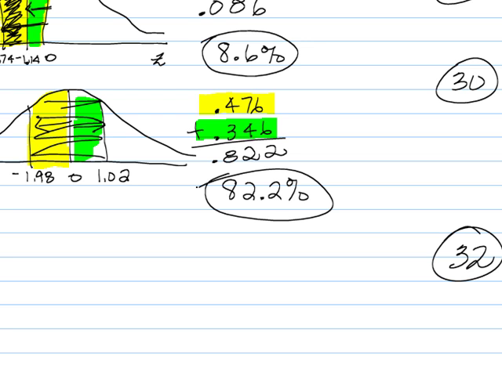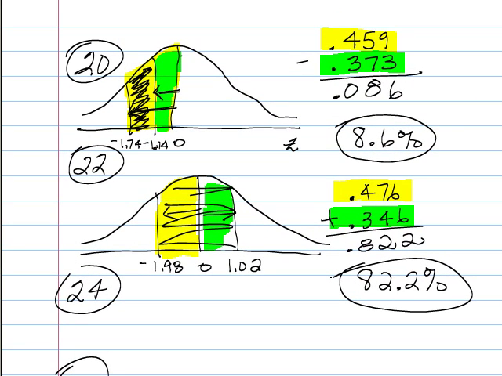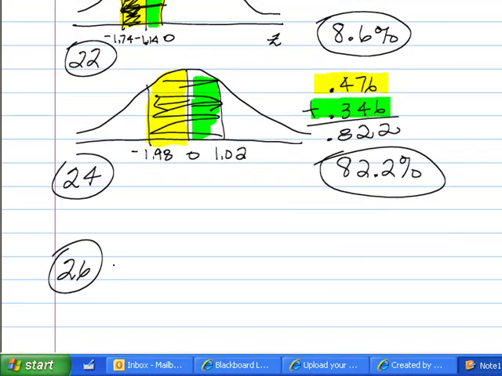Okay, now we're looking at the table in reverse. This is a little bit tricky. In 24, we want 4% of the total area to the left of z. Okay, so again, in 24, I'm going to draw a picture. All right, here's our 0.